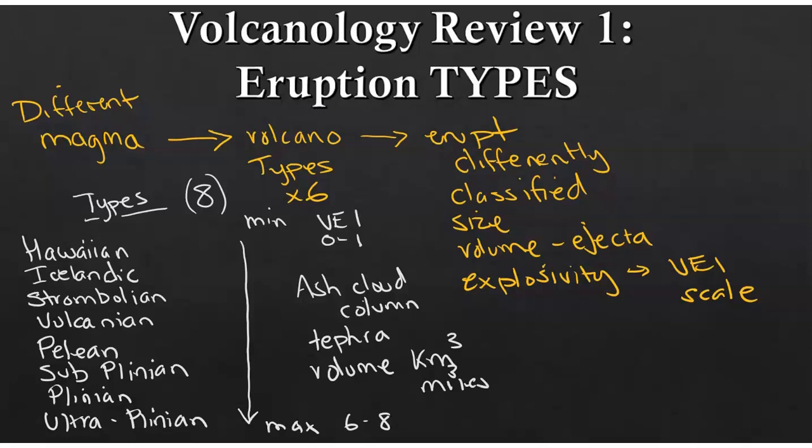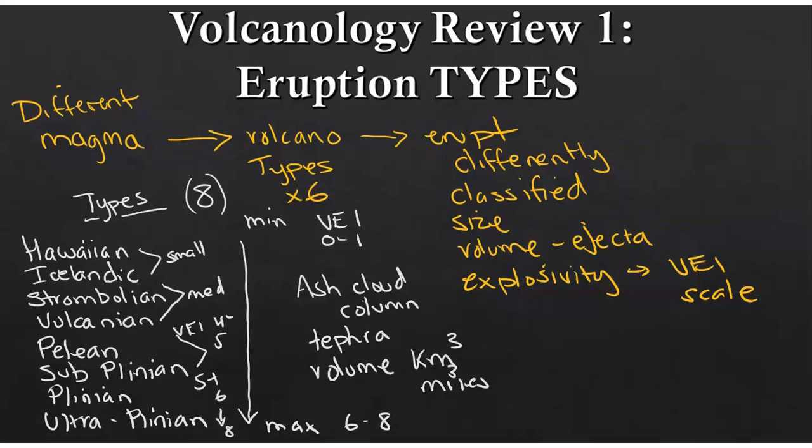So Hawaiian and Icelandic are very small, medium violence or medium explosivity volcanic eruptions. Pelean and subplinian, that's our VEI 4 to 5, getting very large, and anything above a 5, so 6 down to 8, looking at plinian and ultra-plinian.